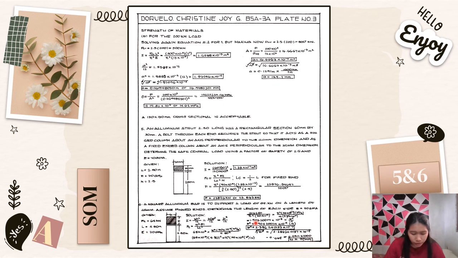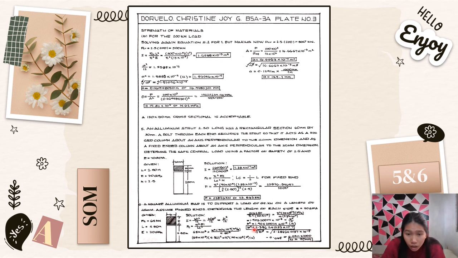So, 1,316,250 all over pi squared times 70 times 10 raised to 9 is equal to pi squared times 70 times 10 raised to 9 times B raised to 4 all over 12 all over pi squared times 70 times 10 raised to 9. So, cancel.